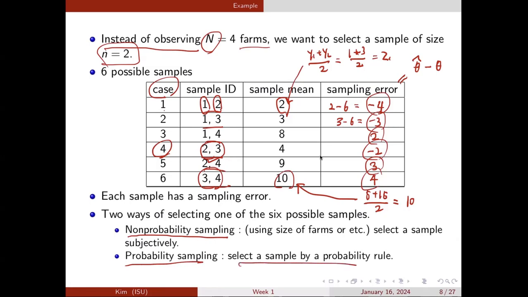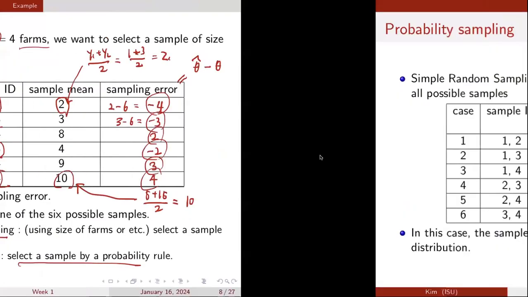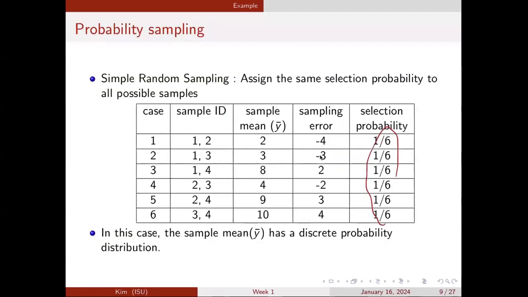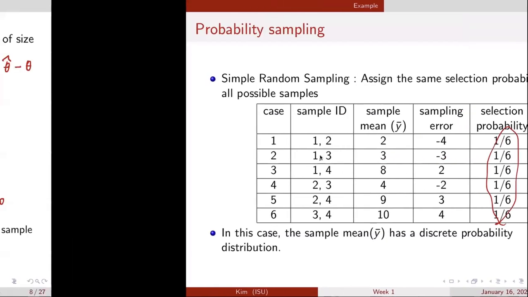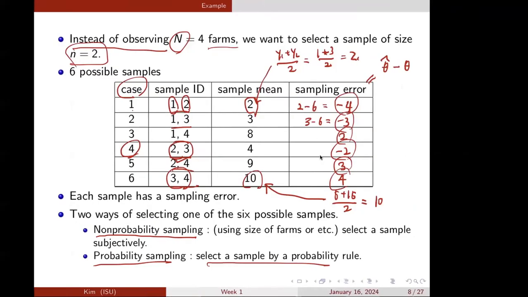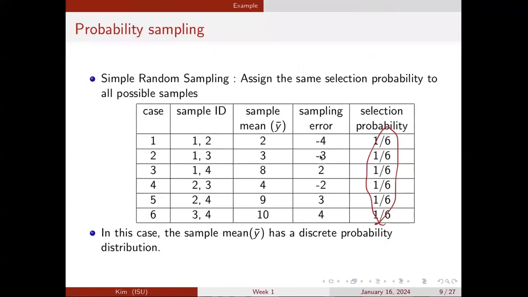So basically, randomly select. Because now I have a rule. Previously I just had 4 columns, but now I have an additional column which assigns the probability rule.